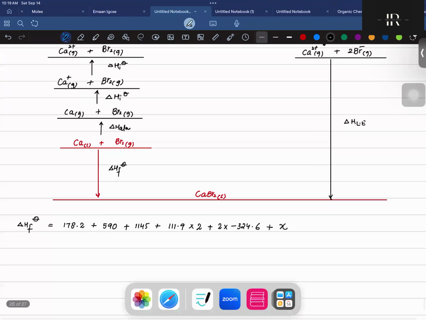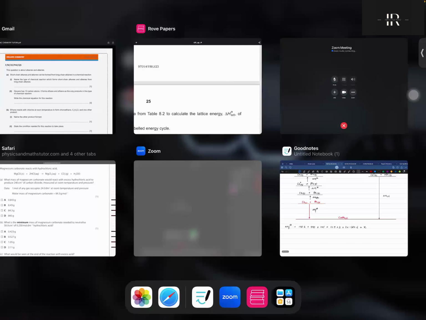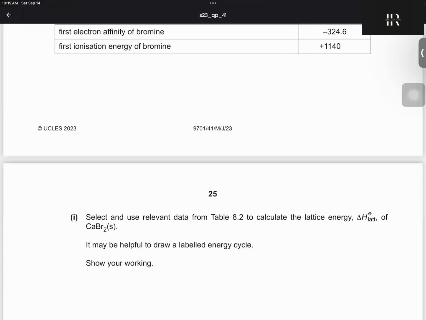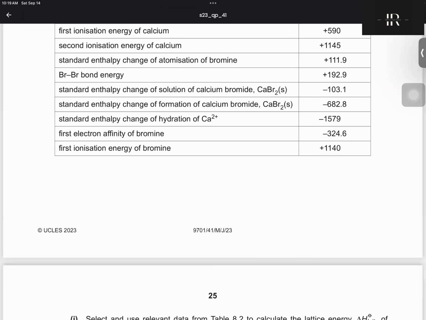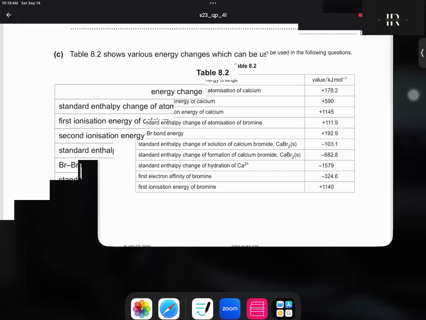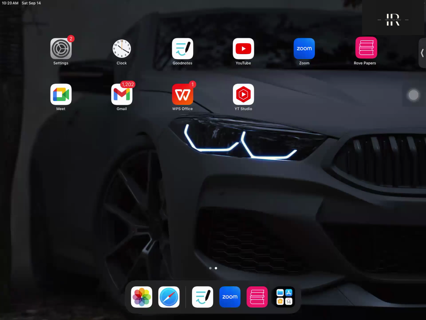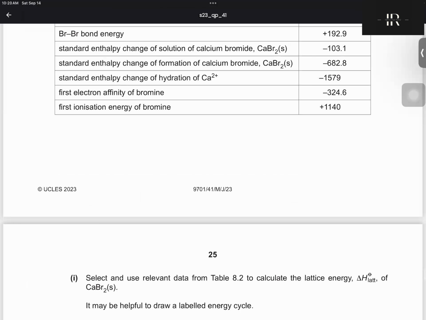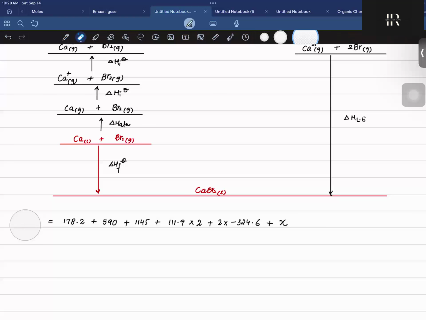And this is the enthalpy change of formation, that is also given, the formation of calcium bromide. That is minus 682.8. So this is delta HF. Okay, so now we can find out X. Let me rearrange this number.